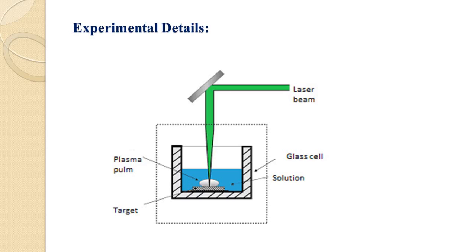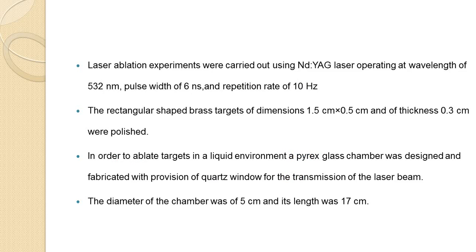In order to compare wet ablation with dry ablation, targets were also exposed in air for all three environments of deionized water, methanol and air. Targets were exposed for various number of overlapping laser pulses of 1000, 2000, 3000 and 4000 while keeping the laser fluence constant.